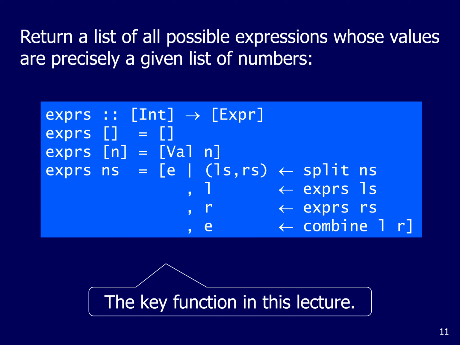So first of all, we're calling the split function on the input list ns, and that's going to split it into non-empty parts in all possible ways. So we're considering all possible pairs, ls and rs, which are obtained by splitting the input list into non-empty parts. Then what we're going to do in the second step is we have another generator.